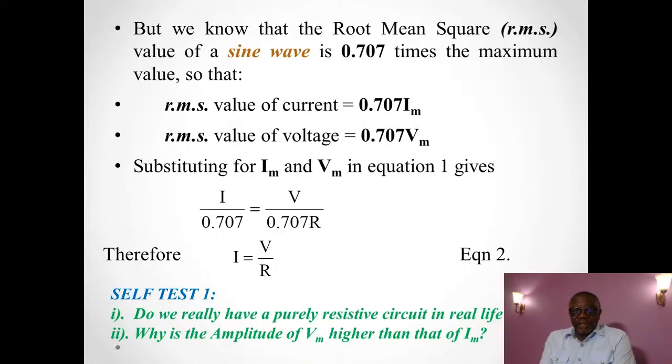So you see that nothing changed, but when you are looking at current and voltage, it's not always that you just use V and I. At times, you may be required to use the R.M.S value, more especially when it is an alternating value.